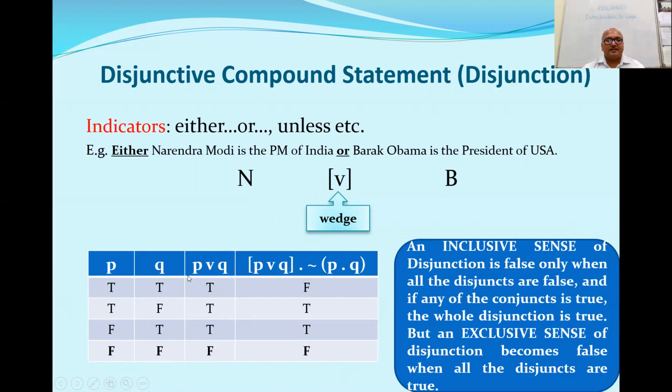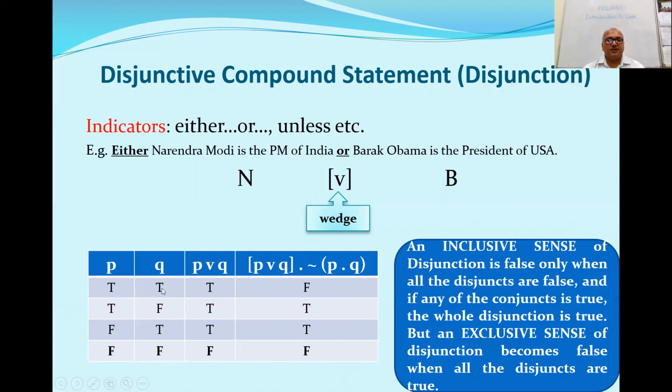The value of P wedge Q is calculated on the basis of the values of P and Q. And P wedge Q is false only in one condition, when P and Q both are false. In all other situations it is true.